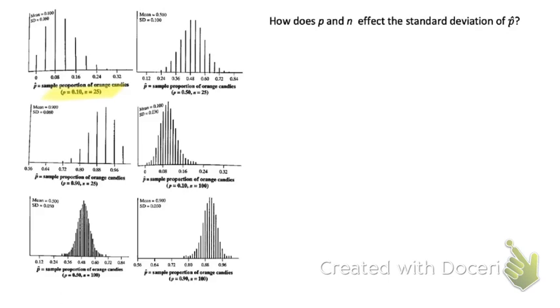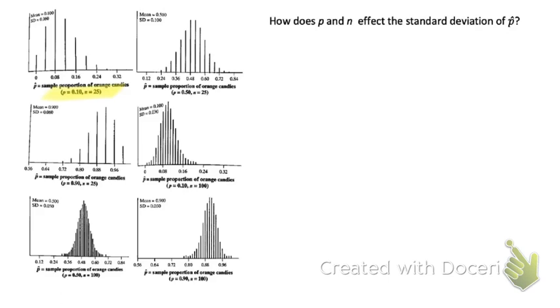Skewed right. Now the P is 0.1 and the N is 25. What is 0.1 times 25? It's 2.5. Is that bigger than 10? No. So N times P is not bigger than 10.